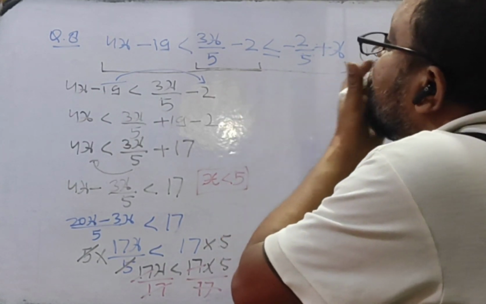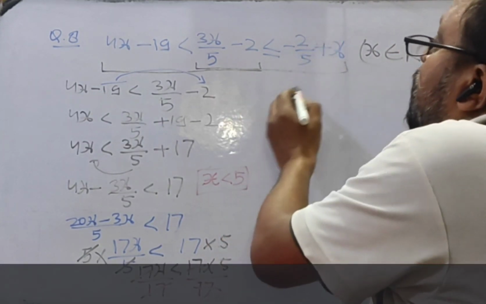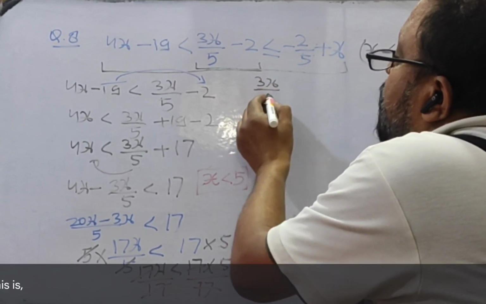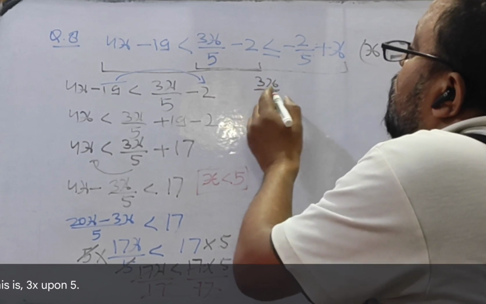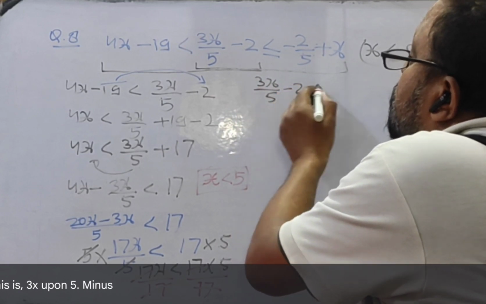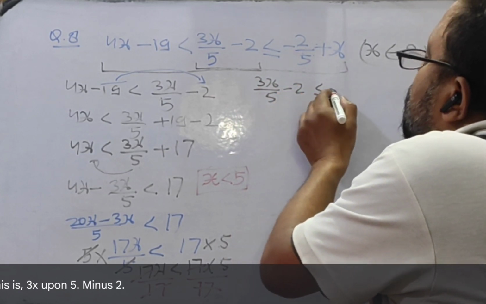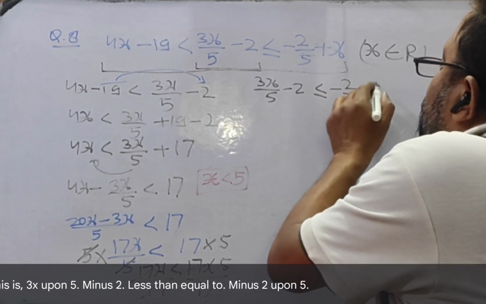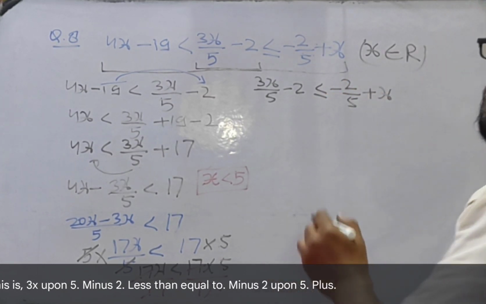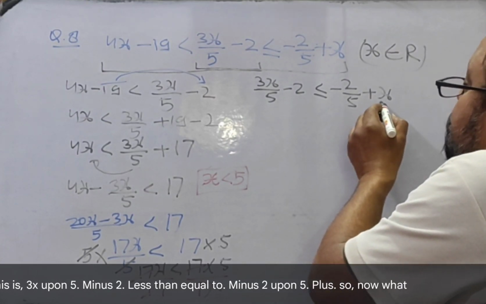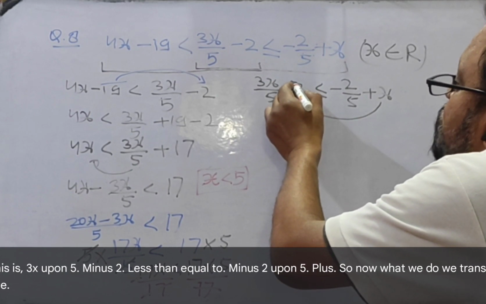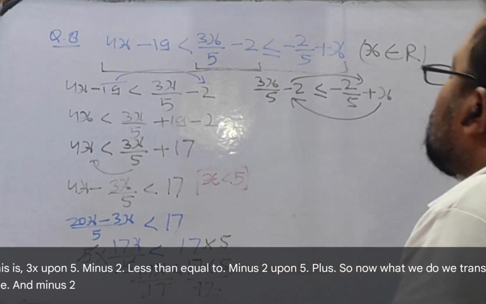So this is 3x upon 5 minus 2 less than or equal to minus 2 upon 5 plus x. So now what we do, we transpose this x on this side and minus 2 on this side, right?